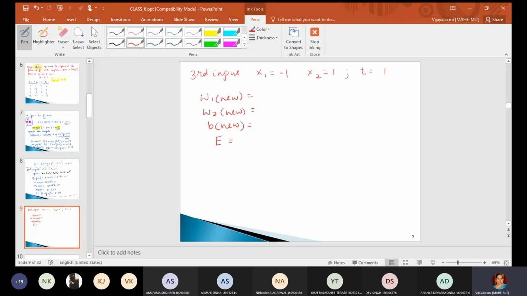You can give these values. One of you can give. All four you can give.